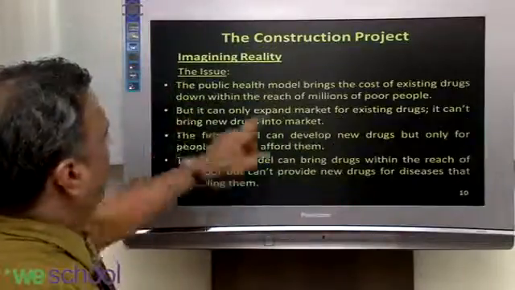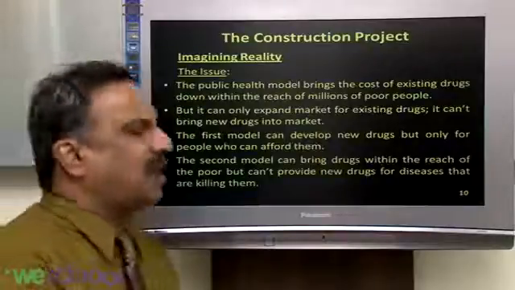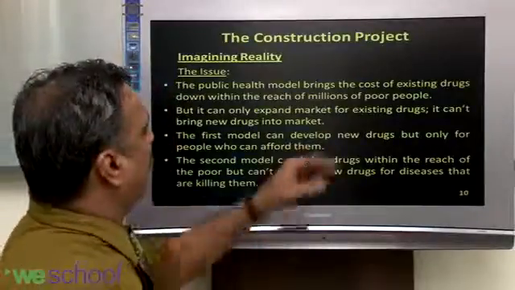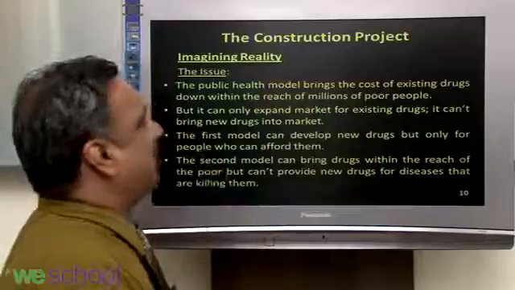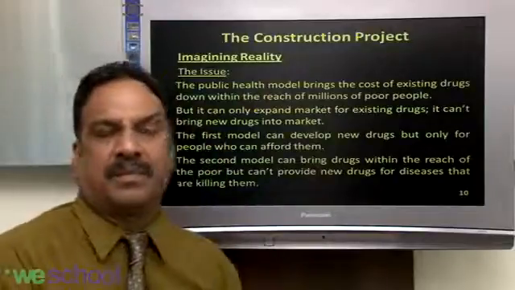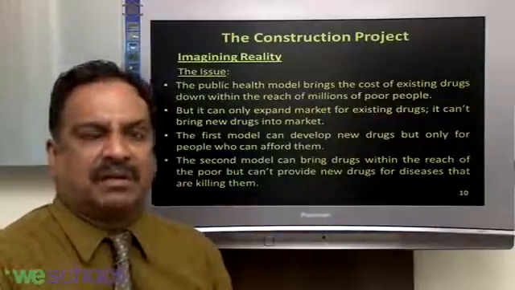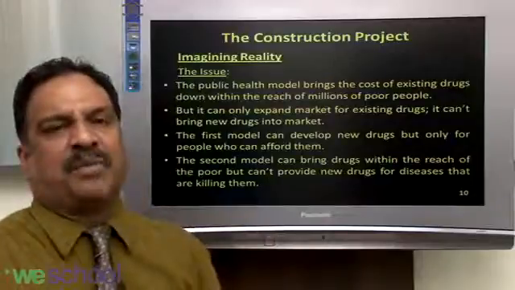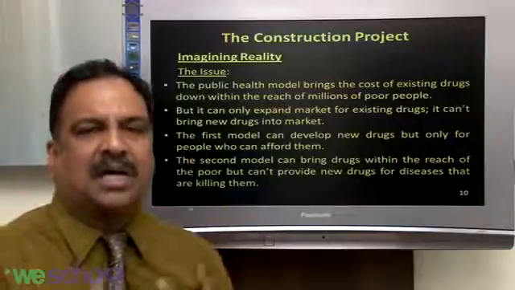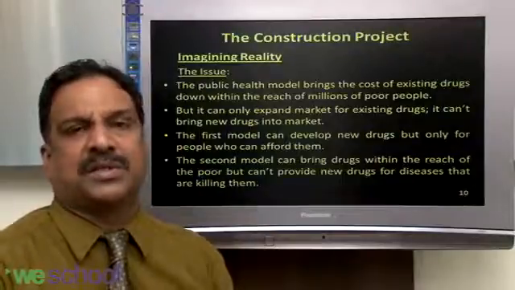Now, the public health model brings the cost of existing drugs down within the reach of millions of poor people. But it can only expand markets for existing drugs. It can't bring new drugs into the market. A certain disease is identified which is afflicting the poor nations or the poor people, and we give the drugs at the most affordable price.